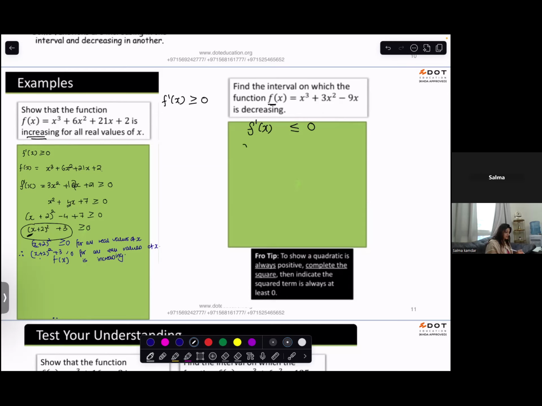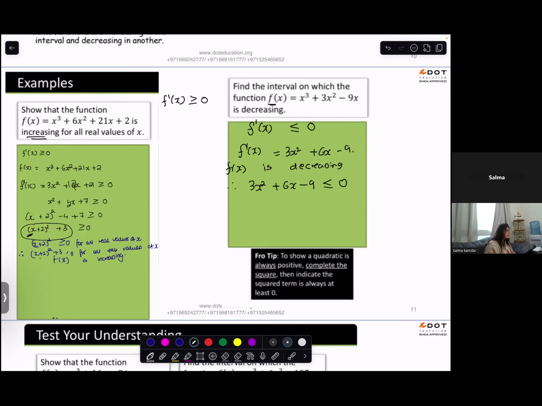What is your f dash x? Plus 6x minus 9. Okay? F of x is decreasing. Therefore, 3x square plus 6x minus 9 is going to be less than or equal to 0. Now I have to find the values of x.